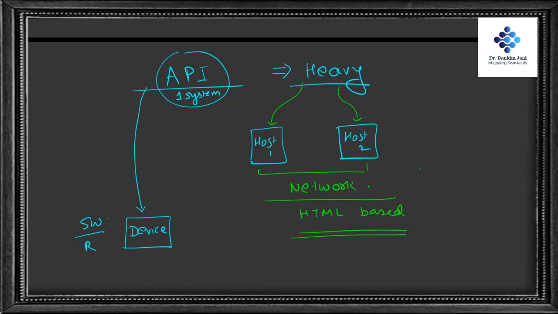And when we have this situation, this is what is called the REST API. This entire concept of distributing APIs onto various hosts so that they communicate with each other via HTML is what is called the REST API.